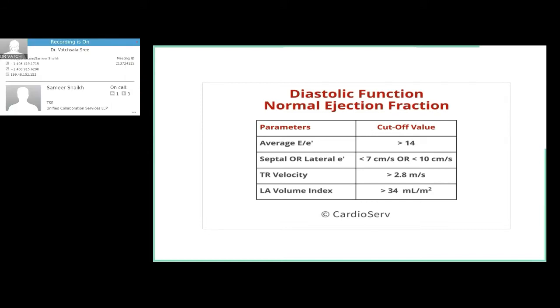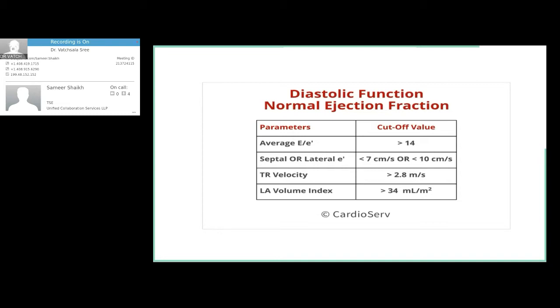The E dash denotes the velocity at the septum and the lateral wall as assessed by your pulsed wave tissue Doppler. They take an average of the septal E dash and the lateral E dash, and then find the ratio to the mitral E.